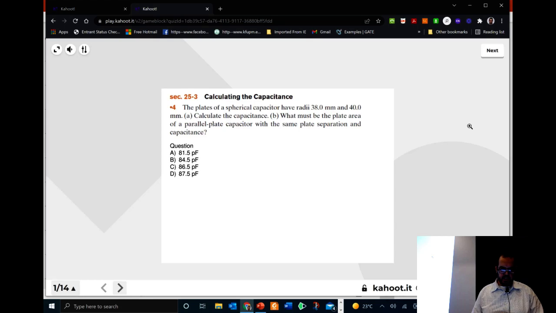You're supposed to do question A. And what must be the plate area of a parallel plate capacitor with the same plate separation? Remember, for a spherical capacitor, it's 4 pi epsilon 0 AB divided by B minus A. And if you finish, you can answer the next question.